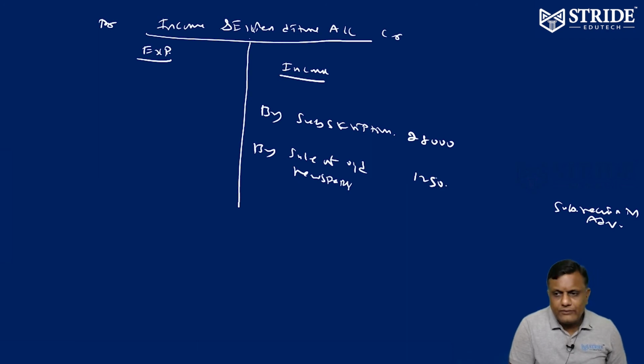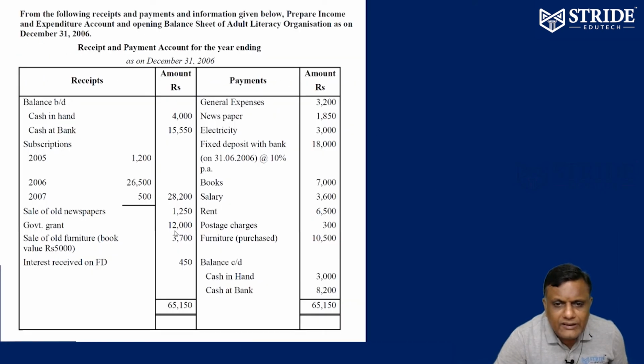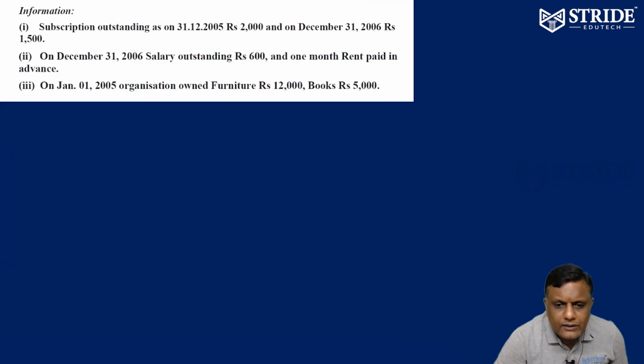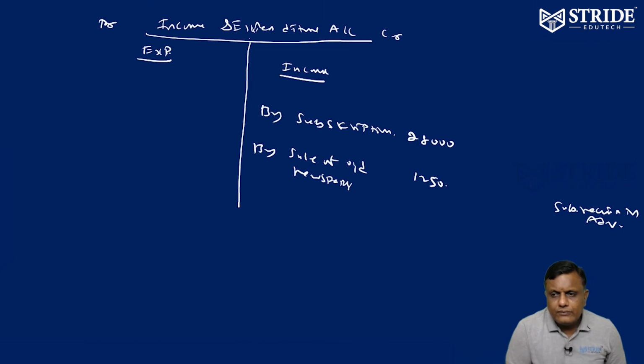Next, government grant. I treated it as income. There is no adjustment for government grant. So government grant income 12,000.